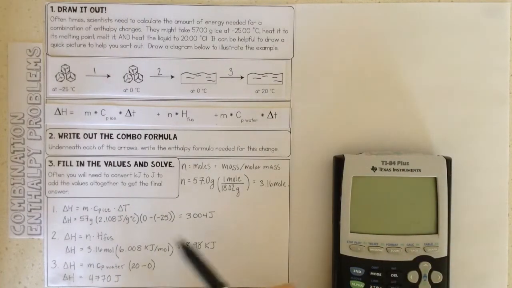You can't just add these numbers together. That's like adding pounds and ounces. You need to convert either your two measurements in joules to kilojoules or convert your kilojoules to joules and add them all up. And that's what we're going to do. We'll take this one measurement in kilojoules and convert it to joules.